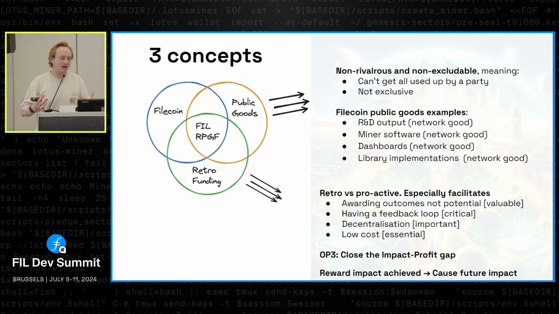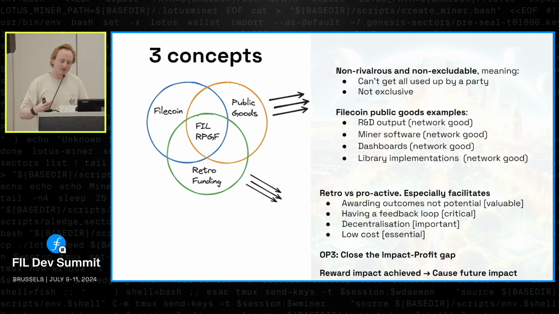So in essence, retroactive public goods funding in Filecoin is the confluence of three concepts. One is public goods. Technically and strictly speaking, these are things that shouldn't be rivalrous or excludable. But in many cases, that's something that we may want to relax slightly, so that's something that we should discuss. It also has to account for Filecoin.